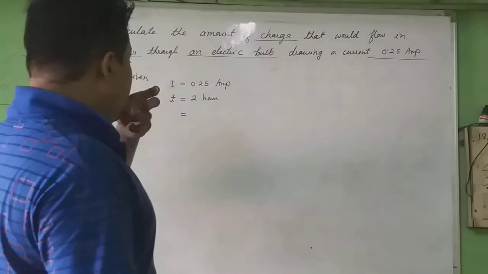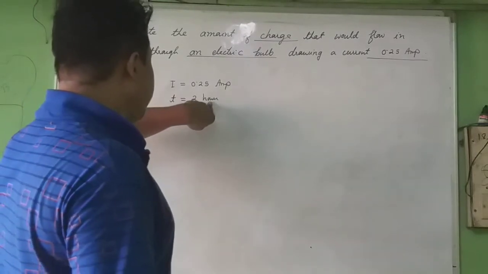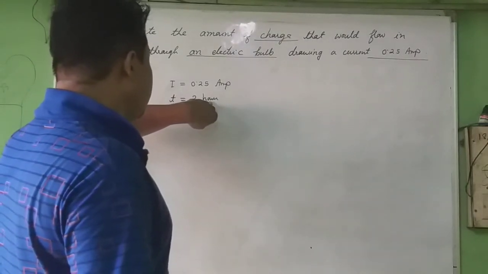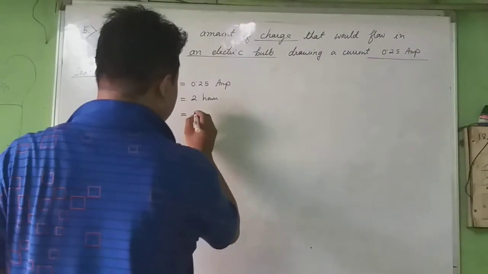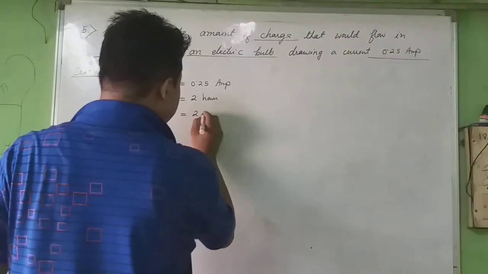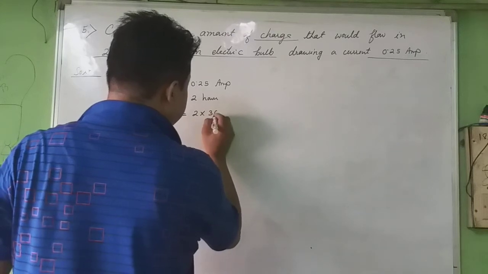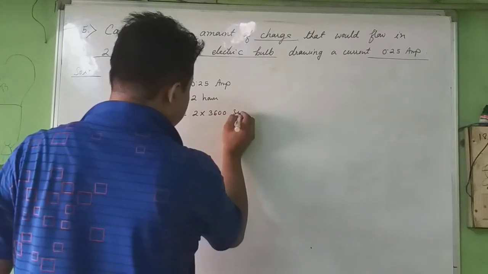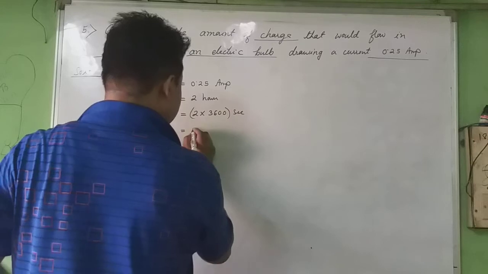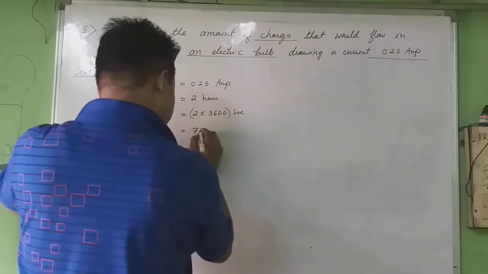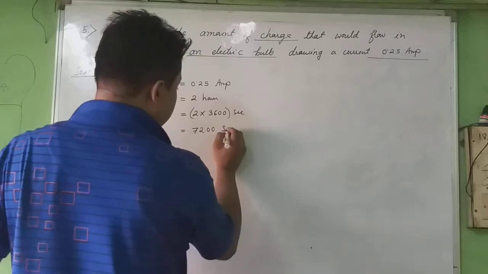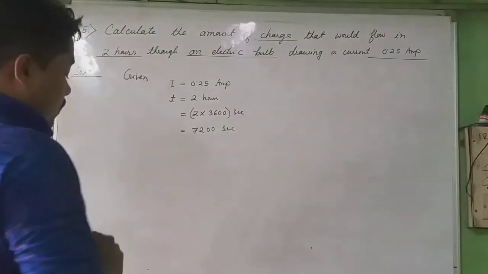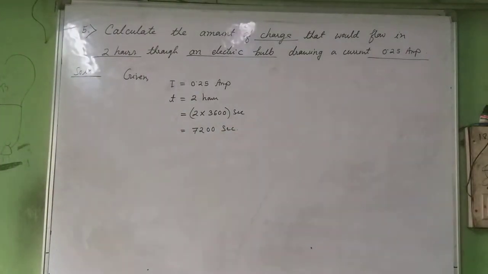Therefore, we convert it to second. 2 into 3600 second is 7200 second. Okay?